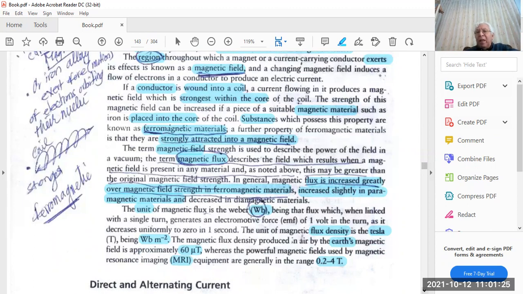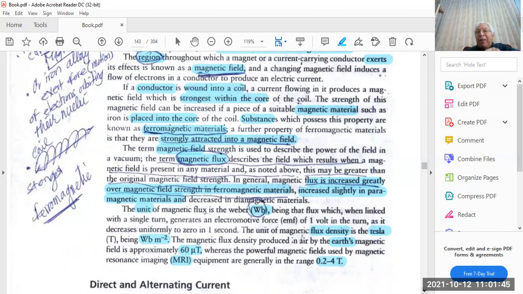For a nice understanding, we must know that the magnetic field of the Earth is around 60 microtesla, and the MRI apparatus yields from 0.2 to 4 Tesla.